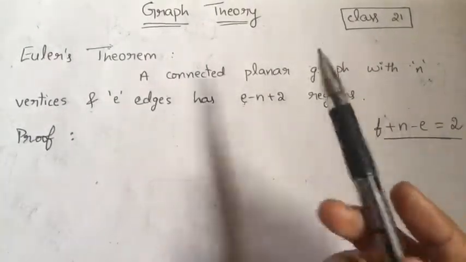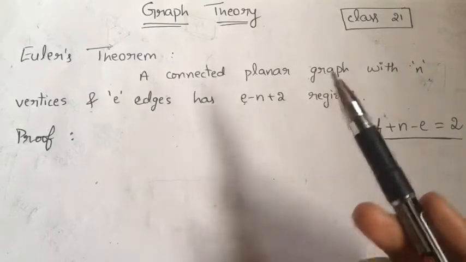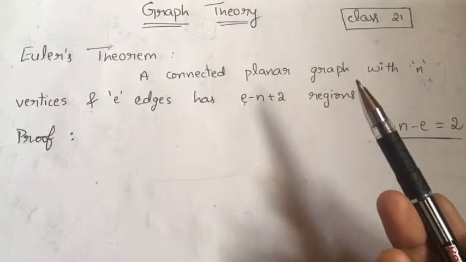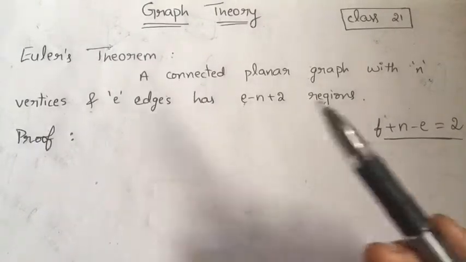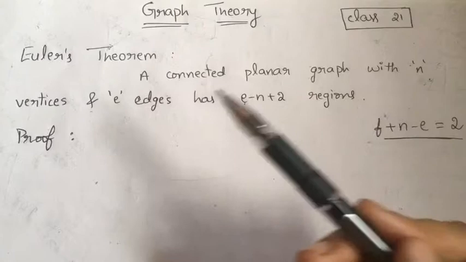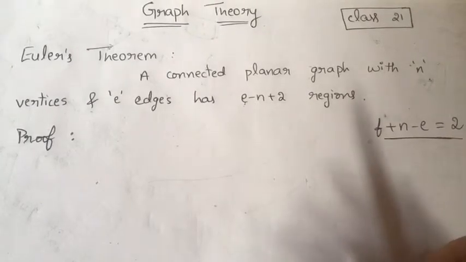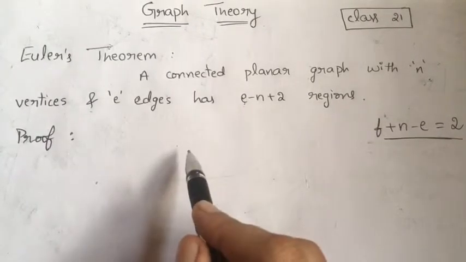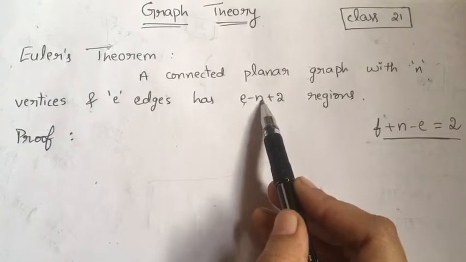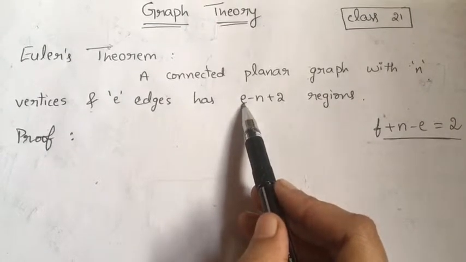And one more, it is sufficient if I prove for the graphs which do not have a pendant vertex. In the sense, I'm removing those edges which are not the boundaries for any regions. If I have a pendant vertex, then the number of vertices is also increased by 1 and the number of edges is also increased by 1.